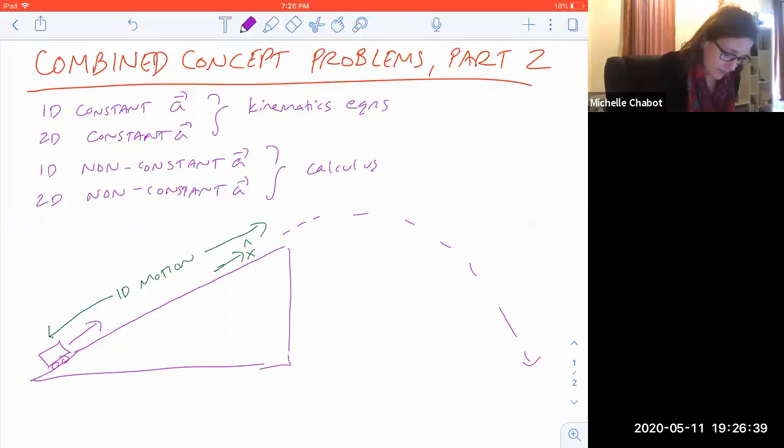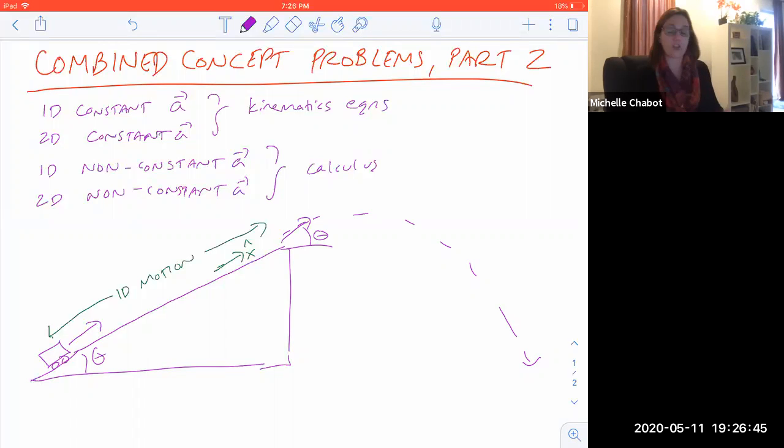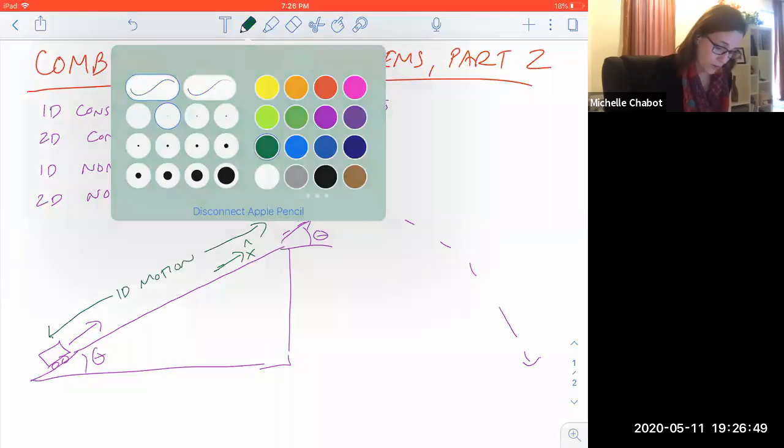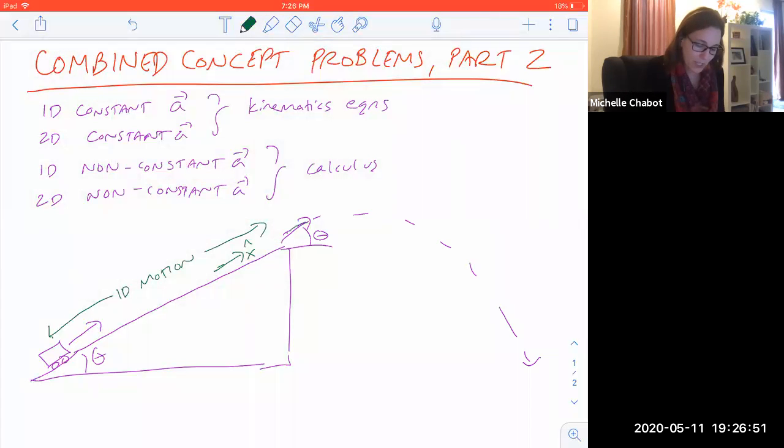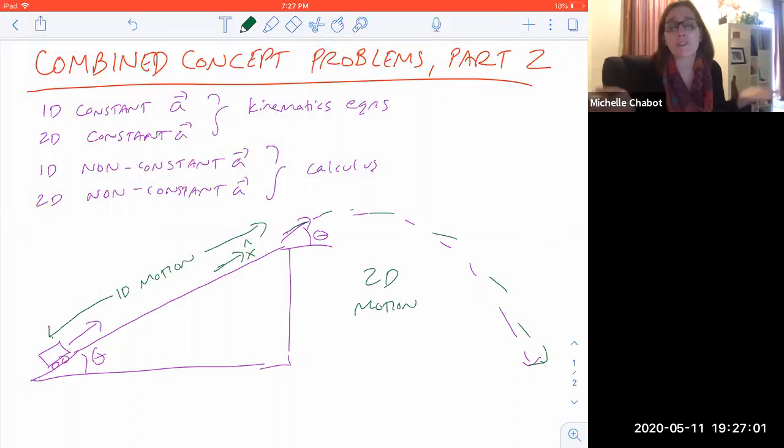Now, if that happened, let's say this was an angle theta, this will get launched off with some angle theta as well, just like with the ramp, the same angle the ramp made. But now in the air, this motion is now 2D motion. Now on the ramp, you have to read the problem.